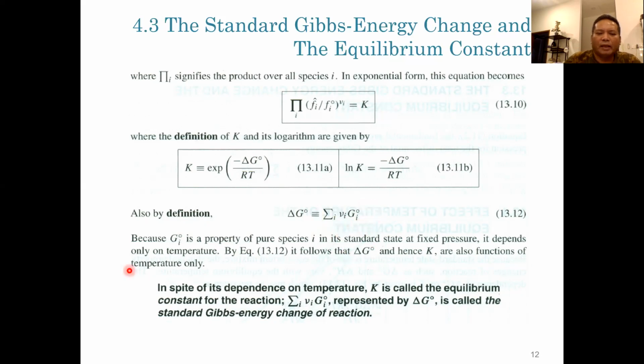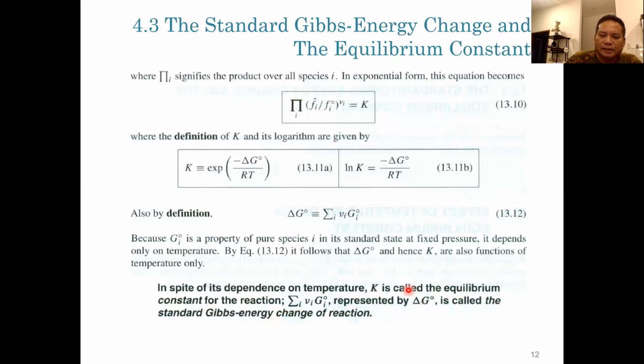Despite its dependence on temperature, K is called the equilibrium constant for the reaction. This delta G naught is called the standard Gibbs energy change of reaction.